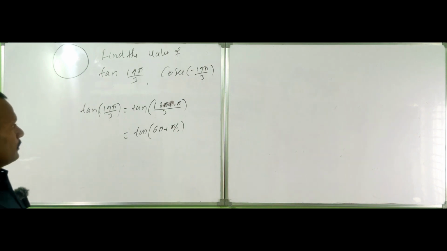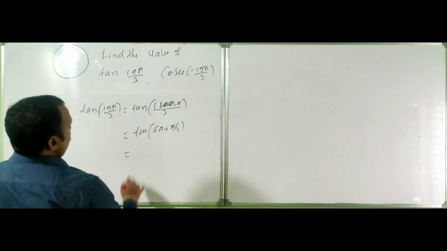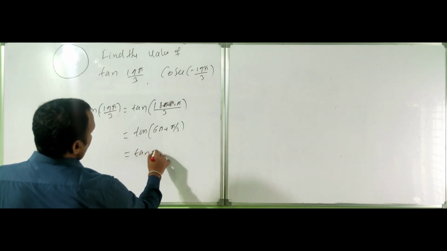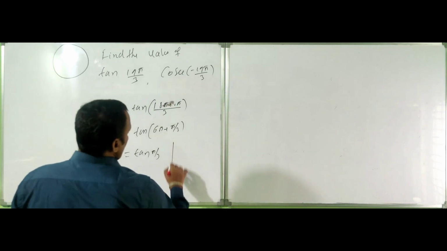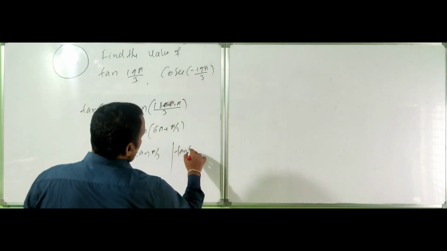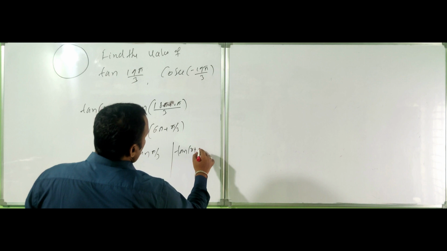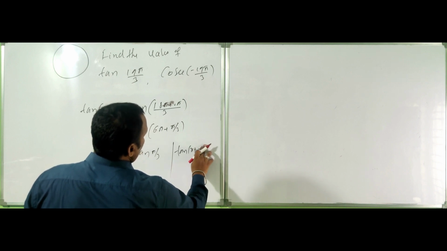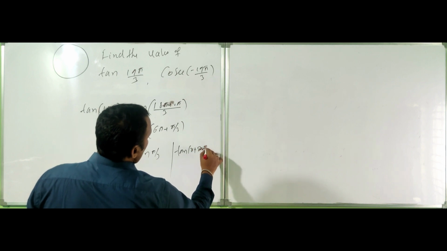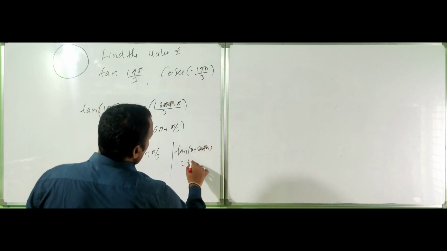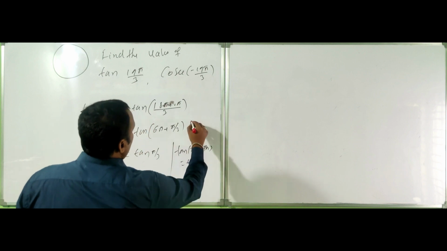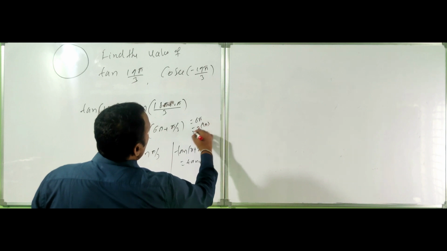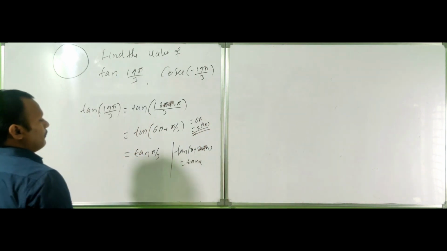So this becomes tan of pi by 3, because tan of x plus 2n pi is equal to tan x. Therefore 6 pi is equal to 2 into 3 pi. What is the tan pi by 3 value?